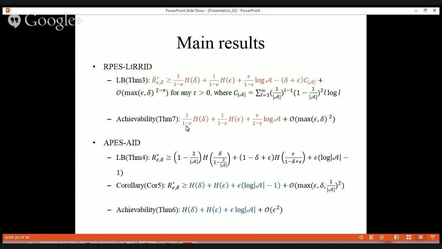We can see that the higher order term of the lower bound and the achievable rate differ by some constant times epsilon plus delta, where epsilon and delta can be interpreted as the probability of insertion and deletion. This constant decays very fast with the alphabet size.